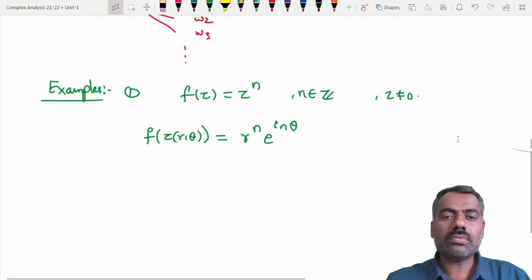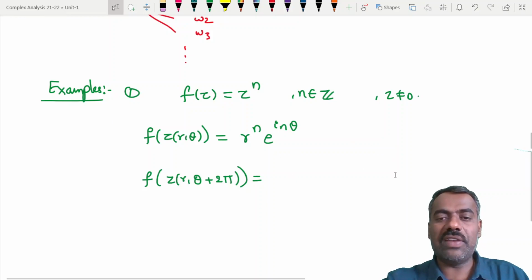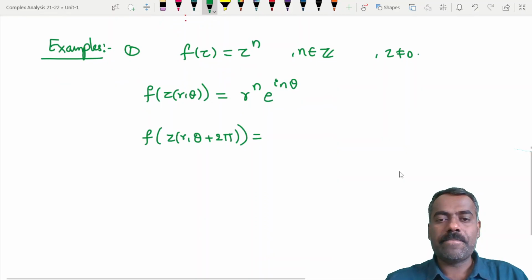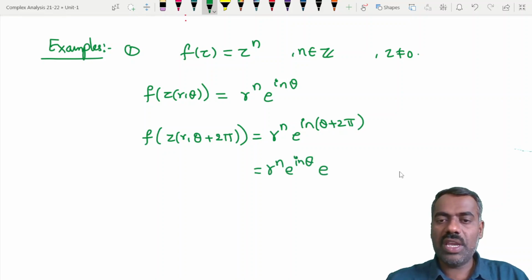Is that clear? Now we want to see whether this function is a multivalued function or not. That means we want to see, after going from angle theta to theta plus 2 pi, whether this value changes or comes back to the original value. So if we substitute theta plus 2 pi, this is r power n e power i n theta into e power i 2n pi, right?